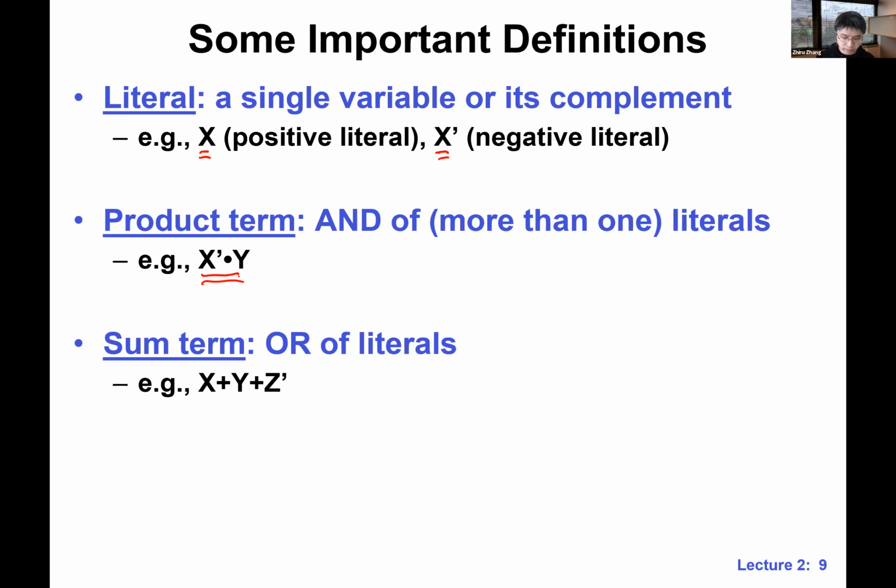And this is a sum term with three literals. z is negated, so it's a negative literal, and x and y are positive literals. These are some of the basic definitions. Just make sure you are comfortable with these. We will see product and sum a lot in this lecture.